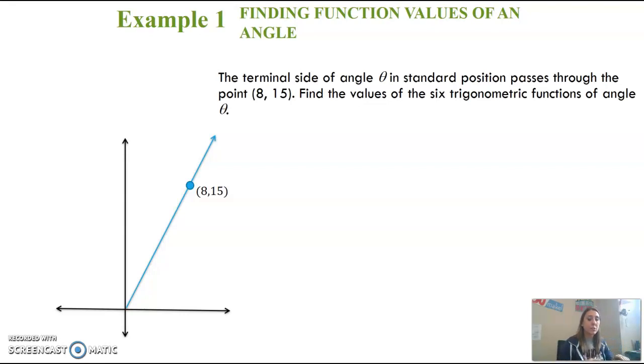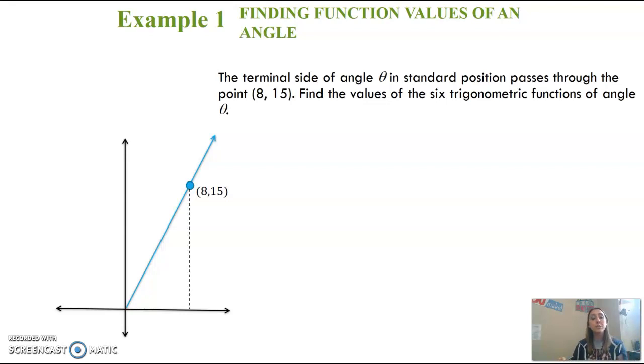All right, so we've got that drawn. And then what we're going to do is turn this into a right triangle. When we turn it into a right triangle, we're going to always draw to the x-axis. So since our point is where it is, we're going to draw down from the 15 to where y is 0. So now we have our right triangle.